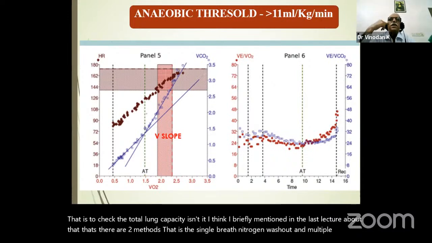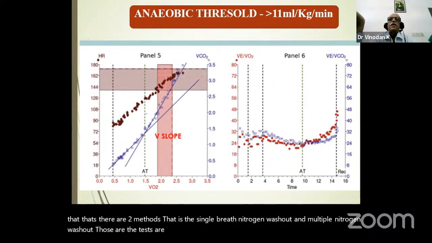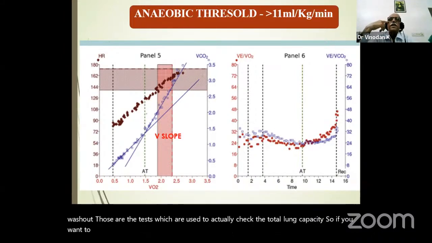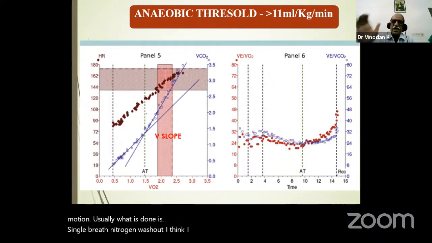Those are the tests used to check the total lung capacity. So if you want to measure the TLC, you use either one. Usually what is done is single breath nitrogen washout. I had a slide on that last time.